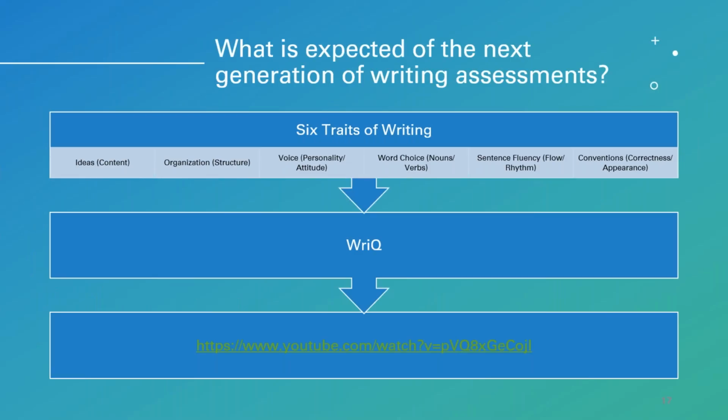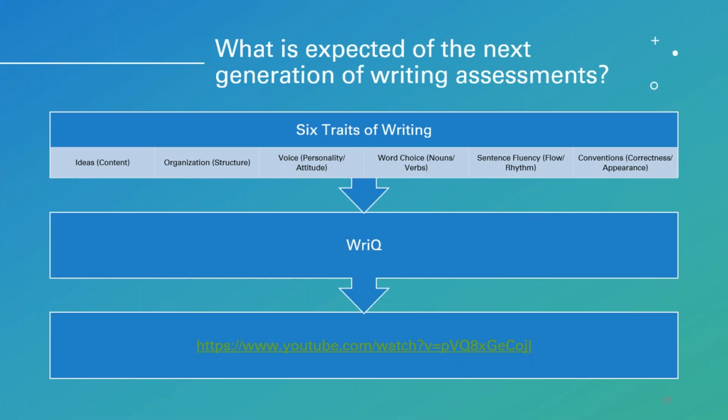So what is expected from the next generation of writing assessments? As we look at the six traits of writing: ideas, organization, voice, word choice, sentence fluency, and conventions, there is a resource out there called WriQ.